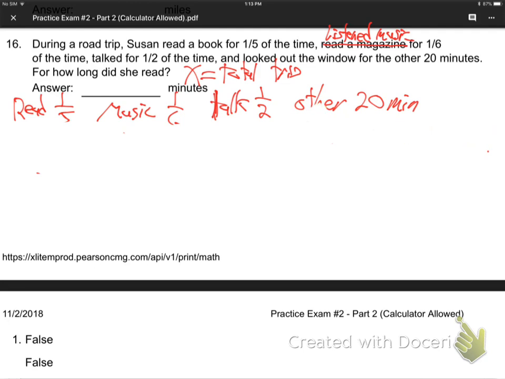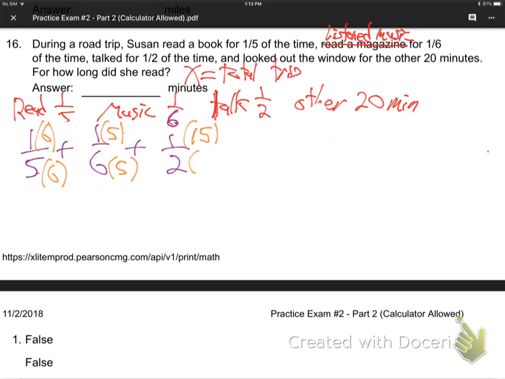Just take those fractions that they gave you. Take the 1/5, the 1/6, and the 1/2, and add them up. So if we add up those fractions, got to get a common denominator, right? So multiply top and bottom of this one by 6, this one by 5, this one by 15. Going to make all the denominators 30.